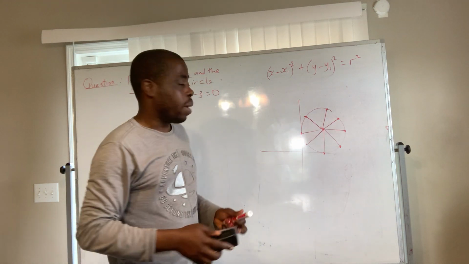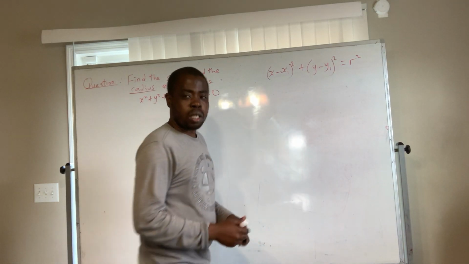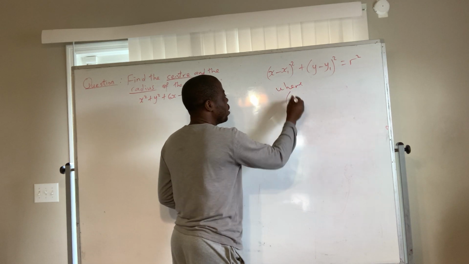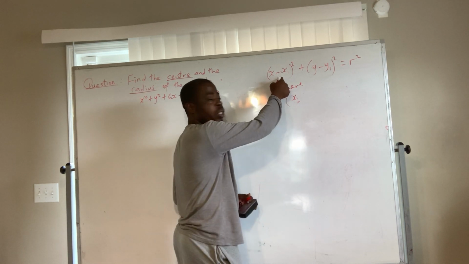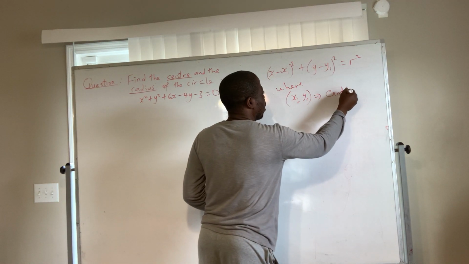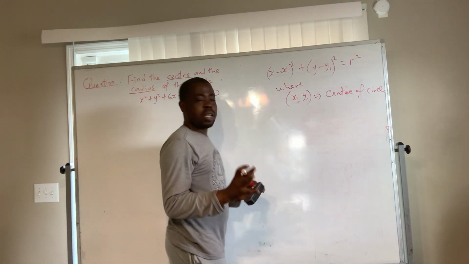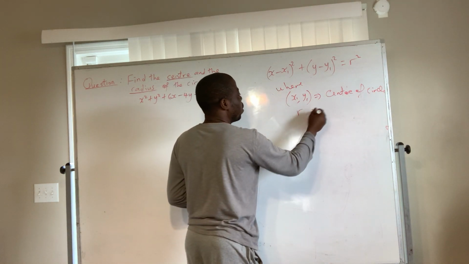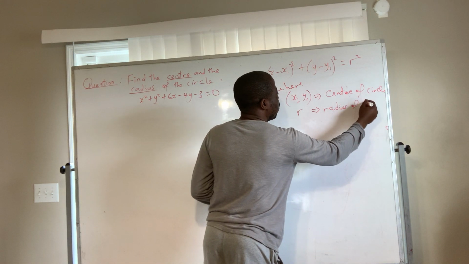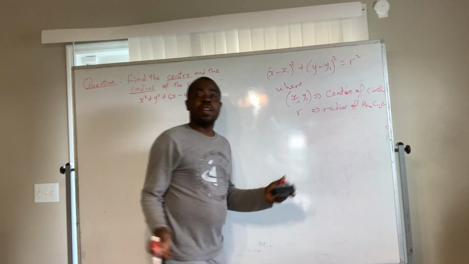Here x1, y1 is the center of the circle, and r is the radius of the circle.